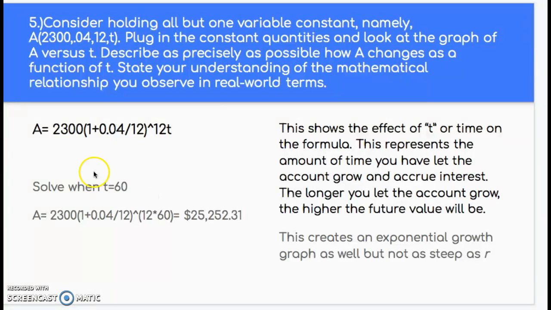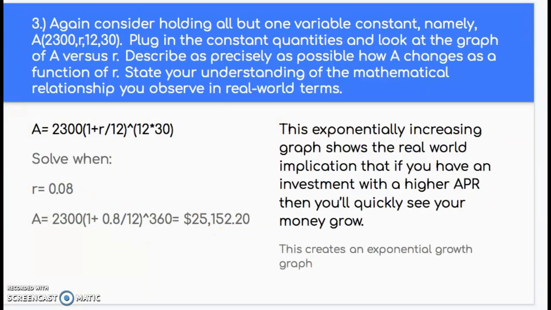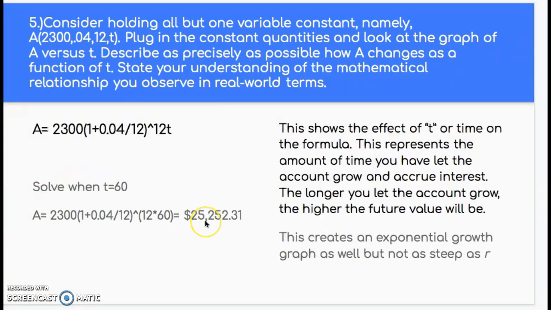So that's a pretty big increase, but it was a very big increase in time as well. This is doubling it, which, if you recall, we also doubled our interest rate and we almost got the same thing. So 25,152, and here we end up with 25,252 if we double our time.